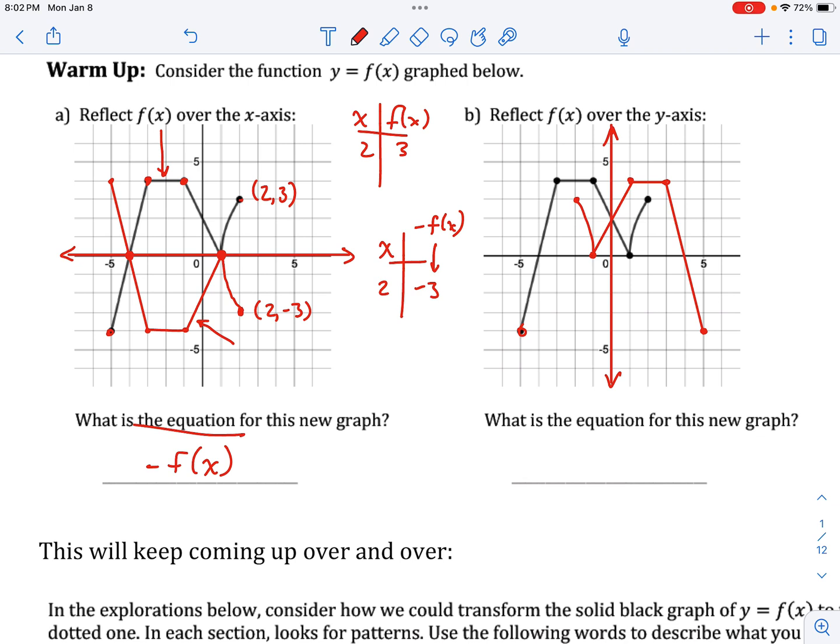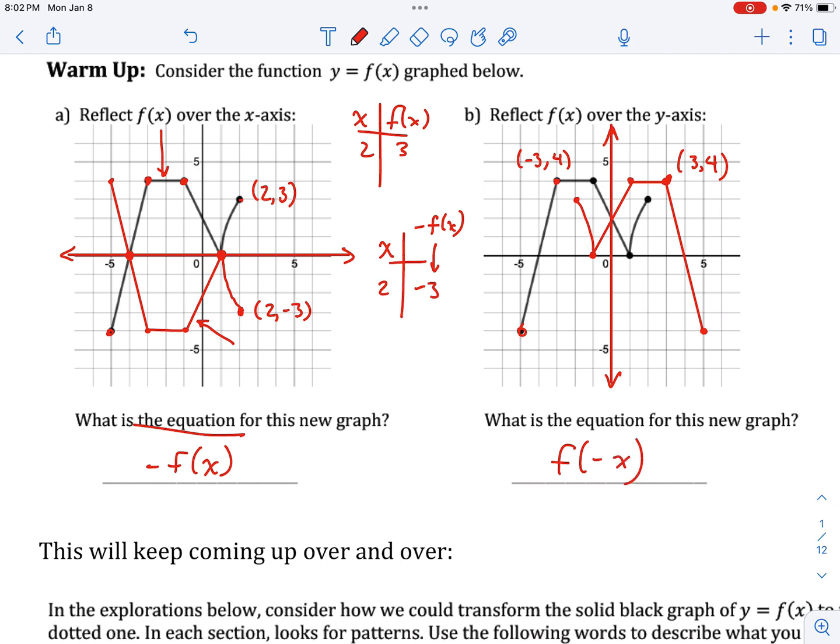Flipping over the y-axis, maybe you could just guess this after seeing that if I want to change points, what is this one? Negative 3, positive 4 moves over here to positive 3, positive 4. What's going on here? Well, it's the x-coordinate that changes.